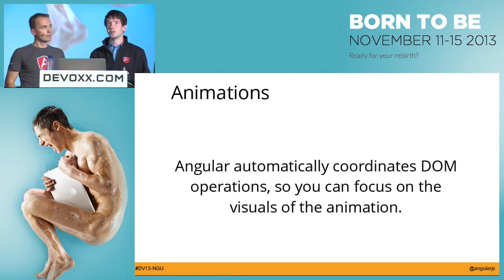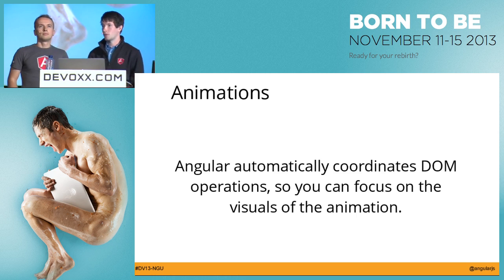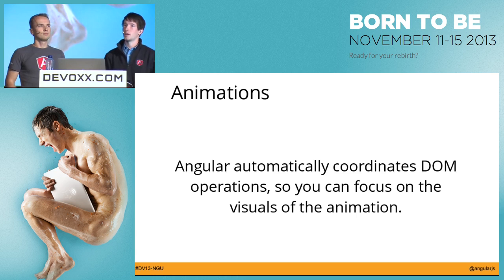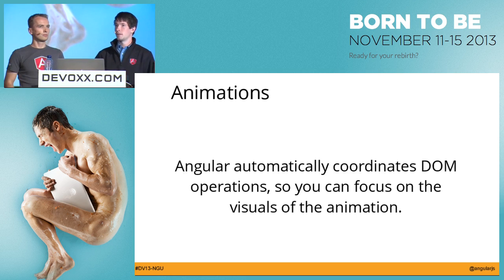If you think about the crazy amount of things that you'd normally have to do to get an animation, let's say you're adding an element to the DOM and you want to animate it as it's coming in. First you have to attach the element to the DOM, then quickly set a class on it that lowers its opacity, then add the class that slowly fades it in.